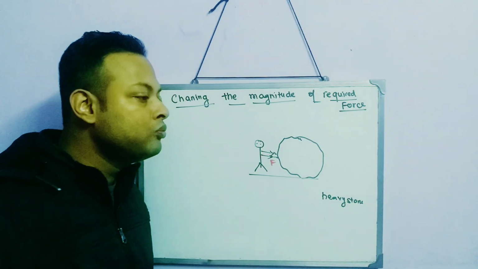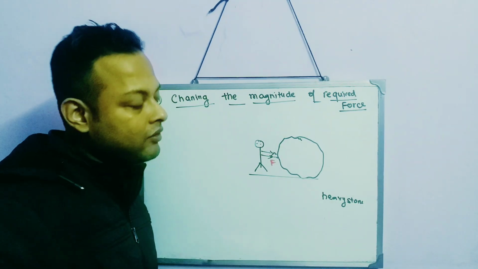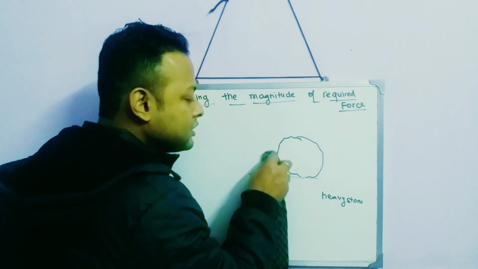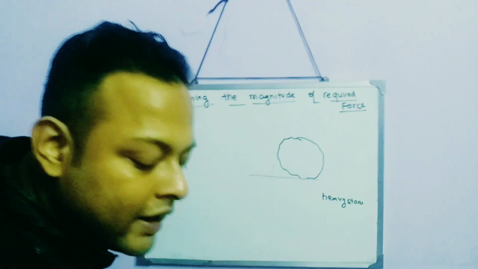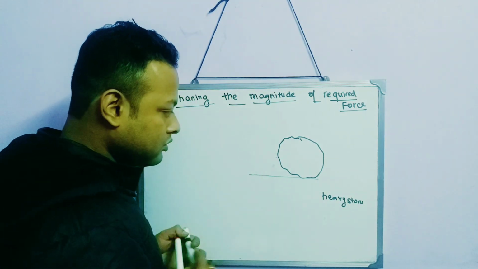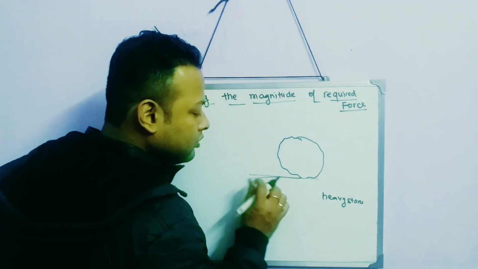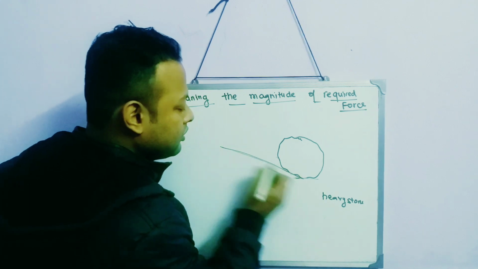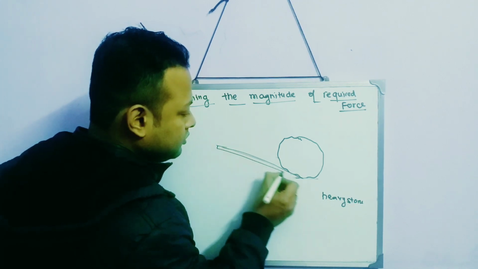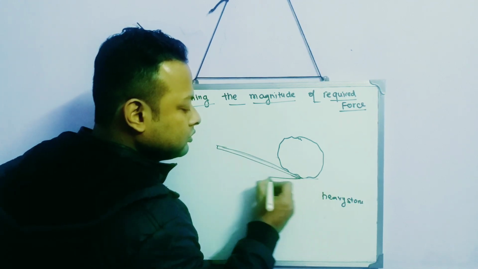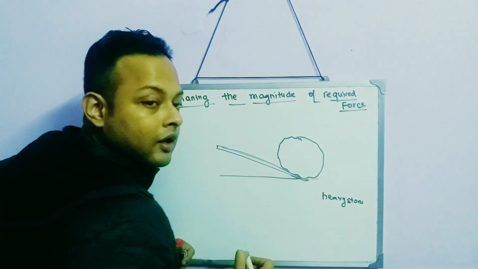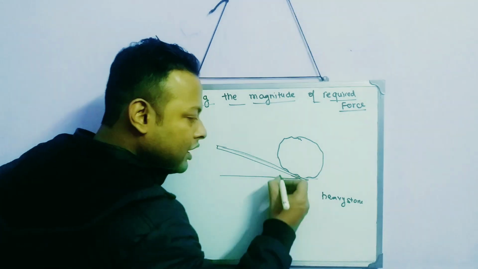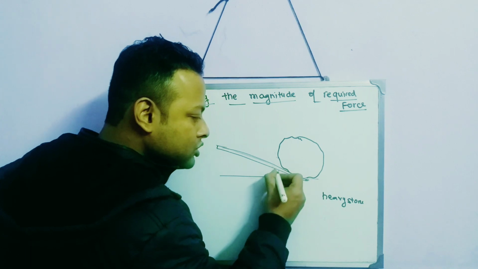So how to move this rock? I have an idea. Suppose I take a rod. Suppose I take a rod over here like this way. A big rod and a small stone over here. No, small stone.